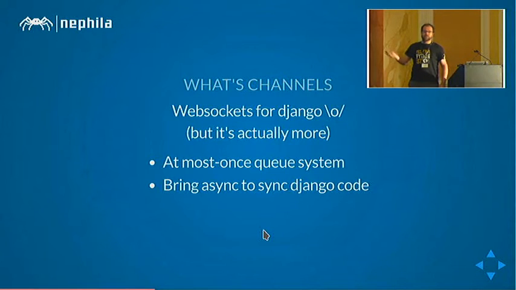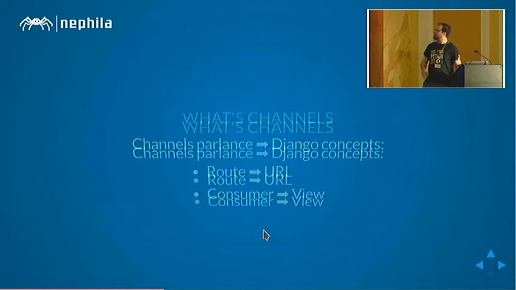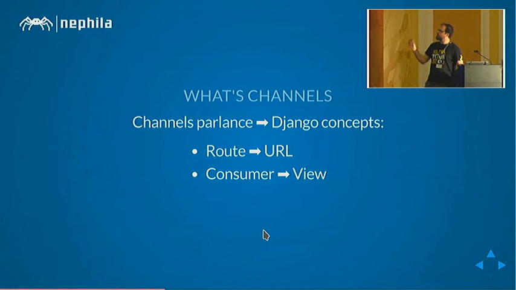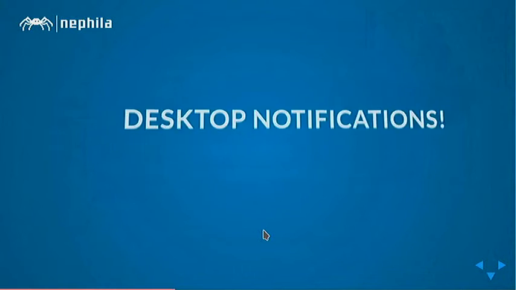And this makes it very easy to write Channels code and integrate it. There are very few changes between the way Channels interacts with the world and Django. Basically, when you map the Channels route to a URL and the Channels consumer to a view, you're basically done. And the rest is just plain Django.